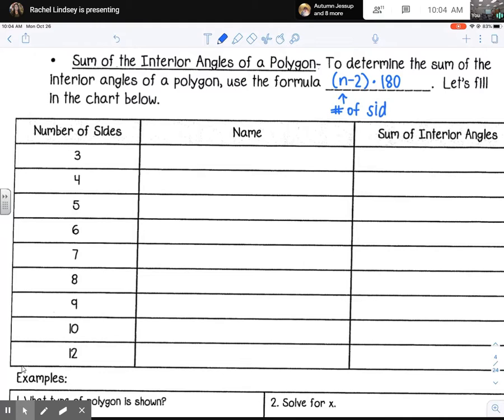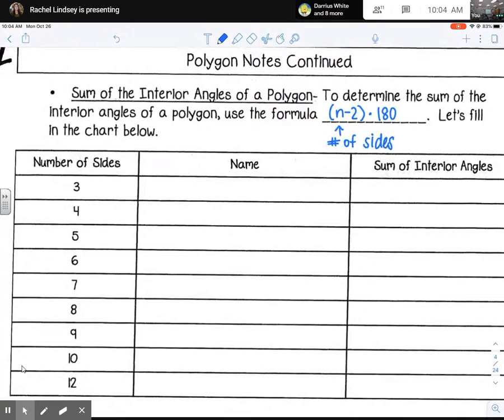Why wouldn't that be S? I think it's because they use S as the sum of all angles. Normally they'll put a big S equals that, the sum of all angles.